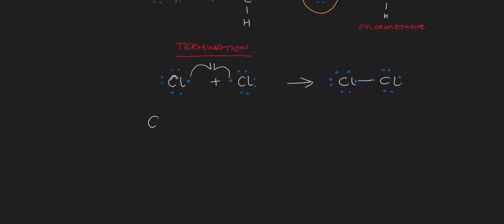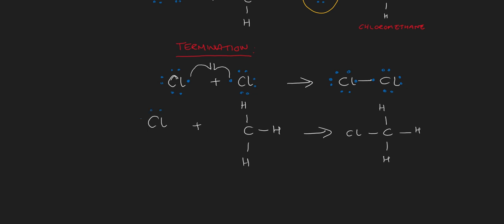The other way it can happen is our chlorine radical plus our methyl radical. And that can give us, again, a product, okay, so chloromethane. So carbon with 4 bonds. One of those bonds is now a chlorine. And again, go back.